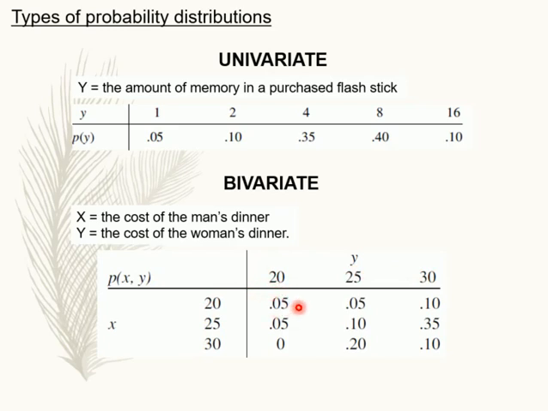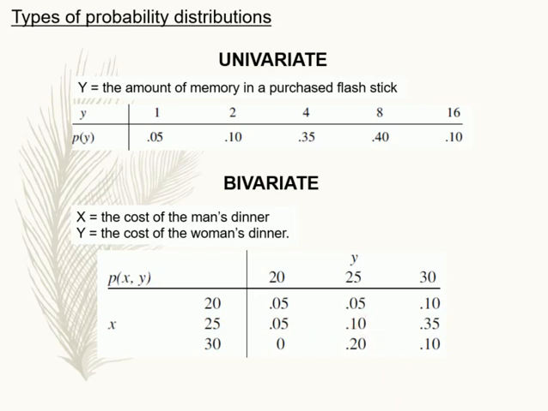You have the probability of observing this value and that value. For example, the probability of the cost of a man's dinner, which is X, being equal to 25, and the cost of a woman's dinner, which is Y, being equal to 25 as well, is 0.10.